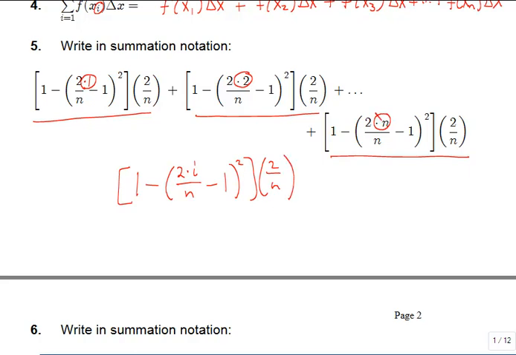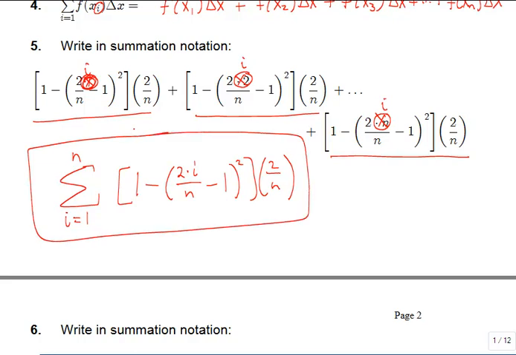So all I did was change this to an i, change this to an i, change this to an i. And now that we know what our formula needs to look like, how does i vary? What was the very first i that this one used? It used 1, then it went to 2, and it stopped at n. So we want this sum to stop at n. So that is your summation notation.